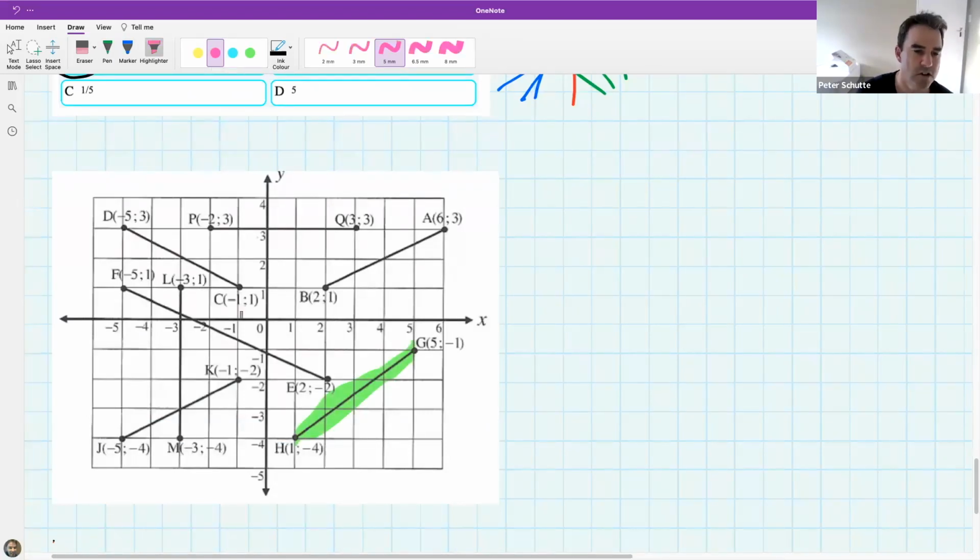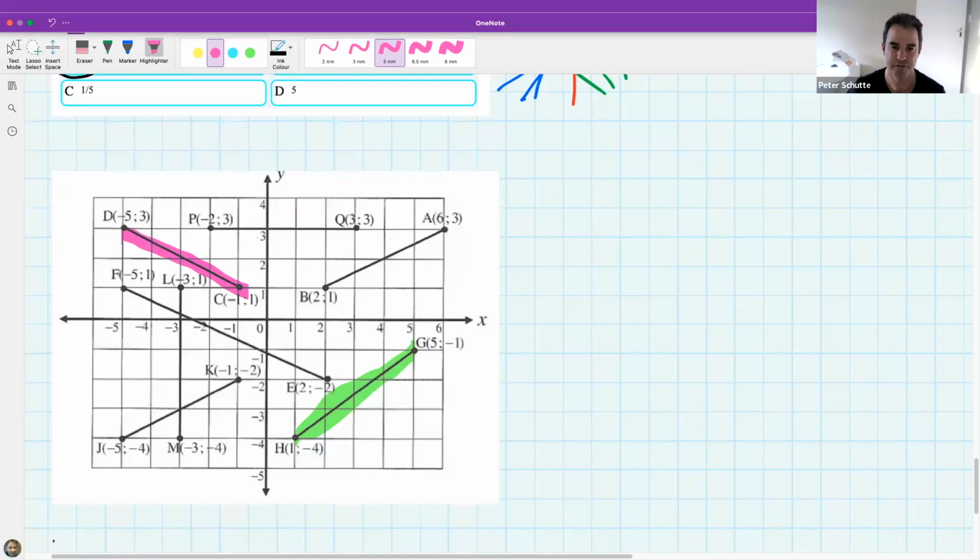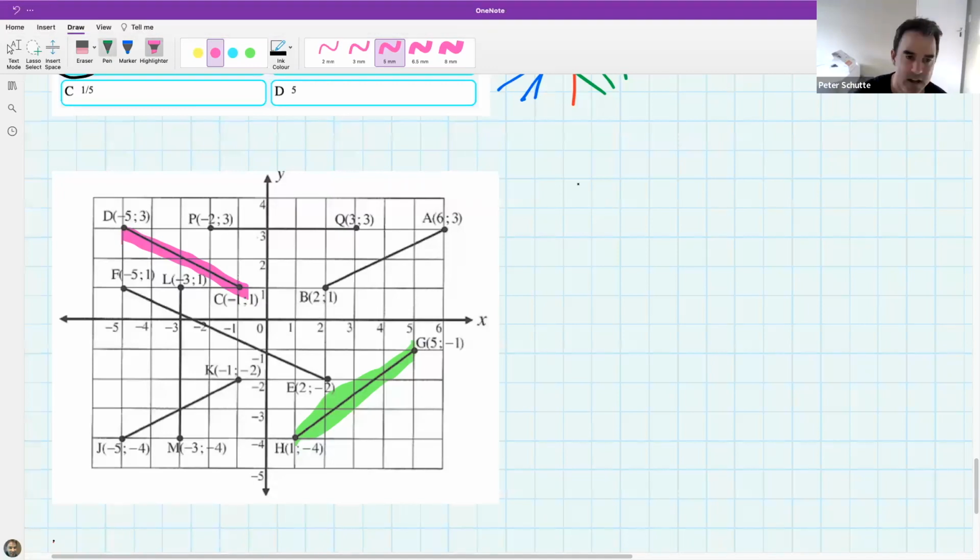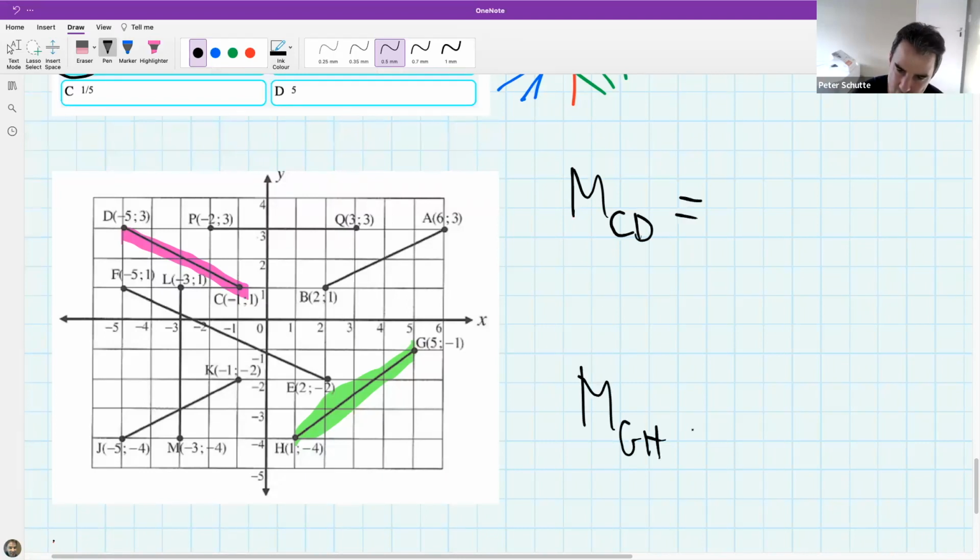And I also want you to find me the gradient of this line over here, the pink one. And then we're going to take a break. So find me the gradient of CD and find me the gradient of GH. Over to my students.